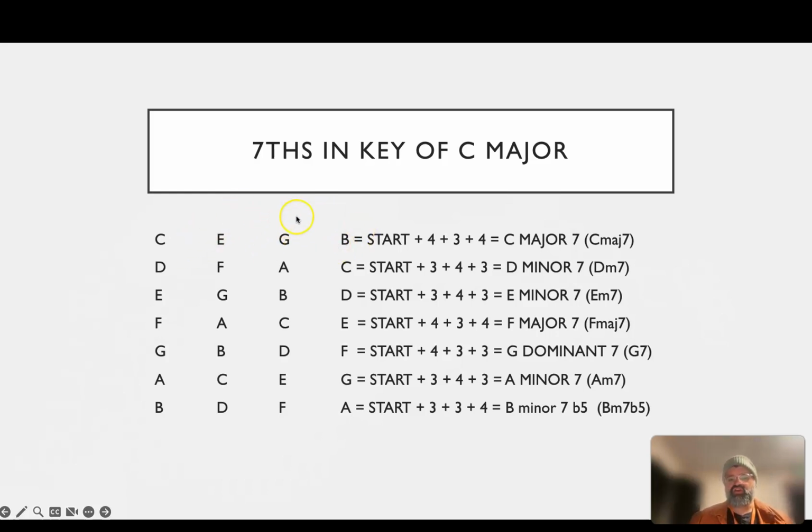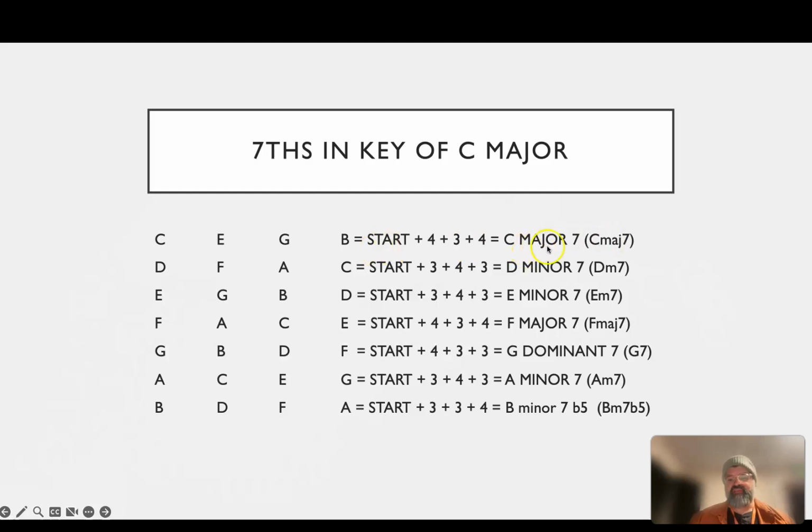To fully understand what type of chord that generates, we've got to go back to learning the spacing between each note. So if our start note is C, we already know this is C major because it has a start note, a space of 4 to E, and then a space of 3 semitones to G. But now we've got to work out what it is from G to B. G is your start note, so G to G sharp, A, A sharp, to B is a space of 4 again.